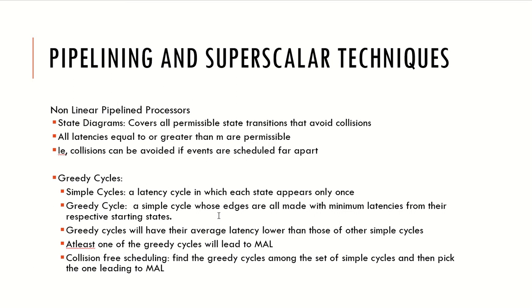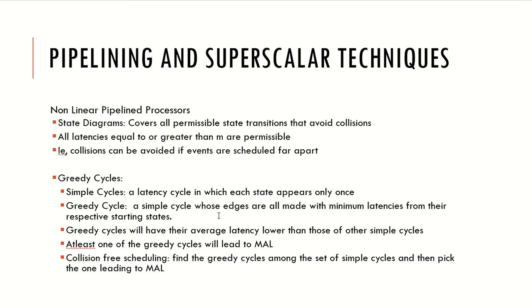There is an exception for the starting state, because this is a cycle: the starting state can appear twice, and all the other states should appear only once. If that is the case, such a cycle is called a simple cycle, and a greedy cycle is again a simple cycle which has minimum latency compared to the other simple cycles of the same state diagram.